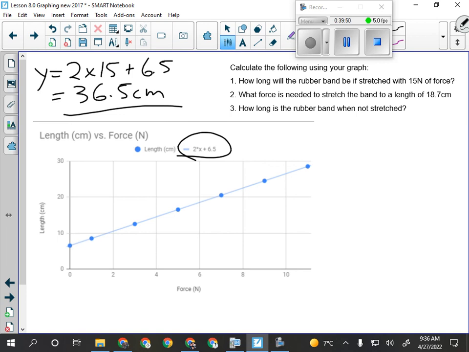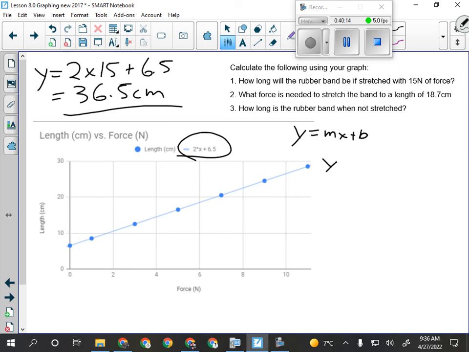Question number 2 is asking what force is needed to stretch the rubber band to a length of 18.7 centimeters. So what are they asking me to calculate there? X. Okay, they're asking for a force. Force is on the x-axis, and that's the thought process we want to go through when we're solving a question like this. Y equals m times x plus b.